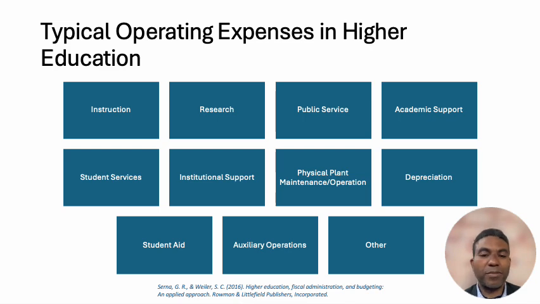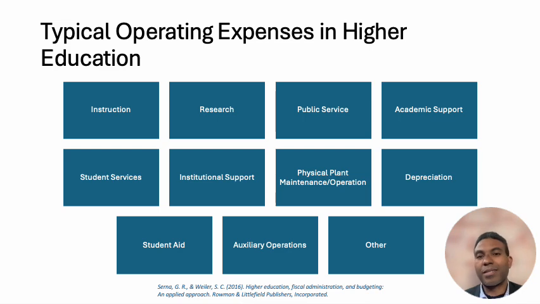In general, universities are going to have higher percentages of their expenses related to research, institutional support, and hospitals. Community colleges are typically going to have a higher percentage of their expenditures related to student aid, student services, and instruction. That shouldn't be too surprising in terms of the mission of those types of institutions.